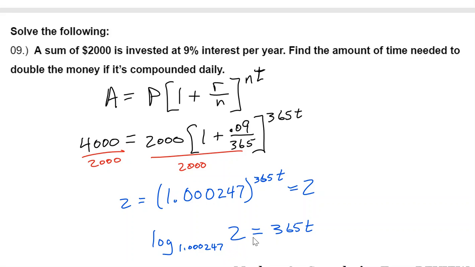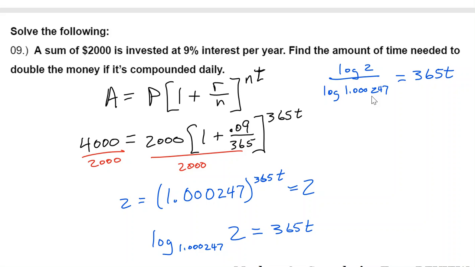Now, we had that change of base formula. Most calculators do not have the ability to put a base in there. It won't let you drop down and put a base. So we have to say log of 2 over log of 1.000247. I've actually got the original decimal still in my calculator, so I'm just going to use log of 2 divided by log of answer.